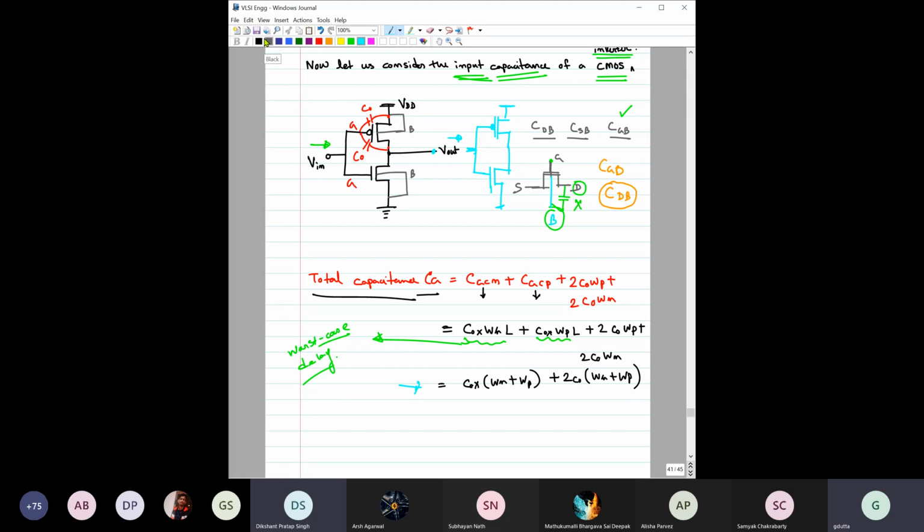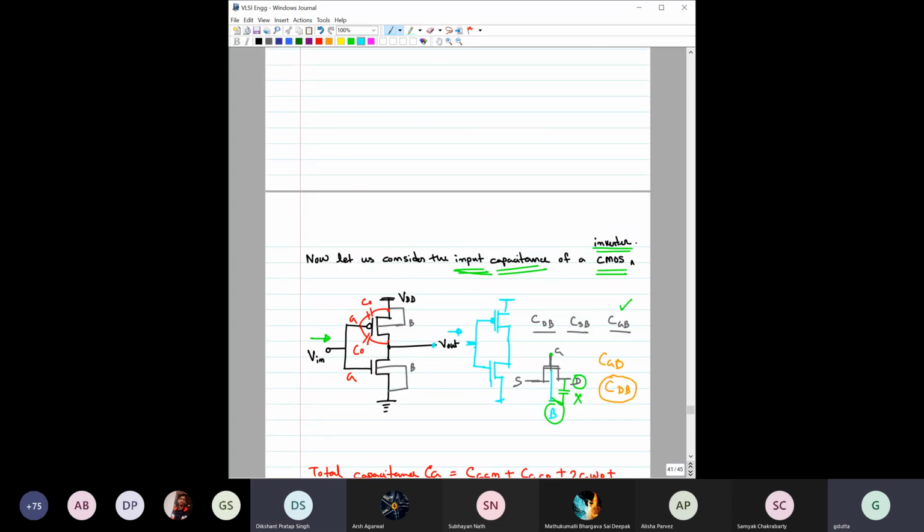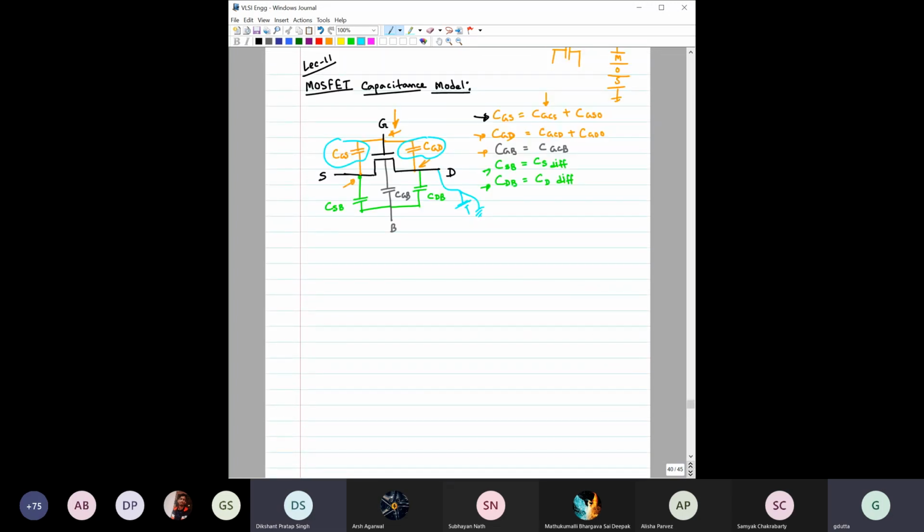Now let us see if there is any effect of this capacitance. We have seen there are so many capacitances associated here, right? Does that mean any of these capacitances will also contribute as an output capacitance for this inverter?